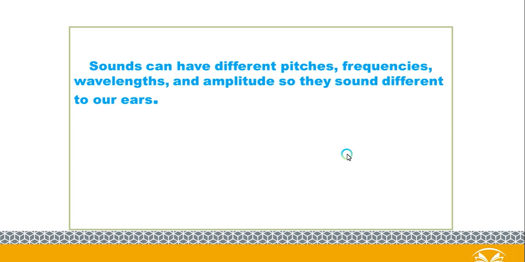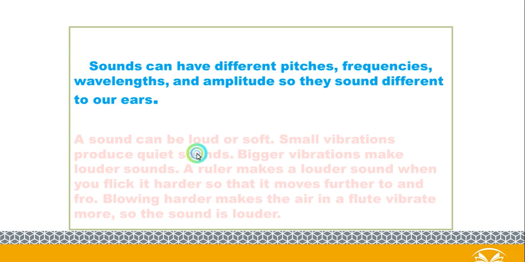They are different. You cannot compare a person whispering to someone making loud noise. So they have different pitches, frequencies, wavelengths, and amplitude. So they sound different to our ears.